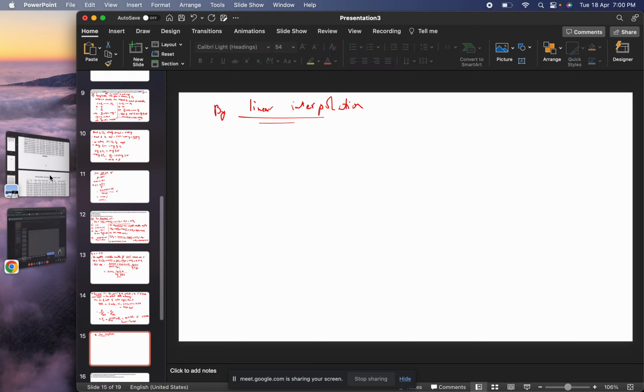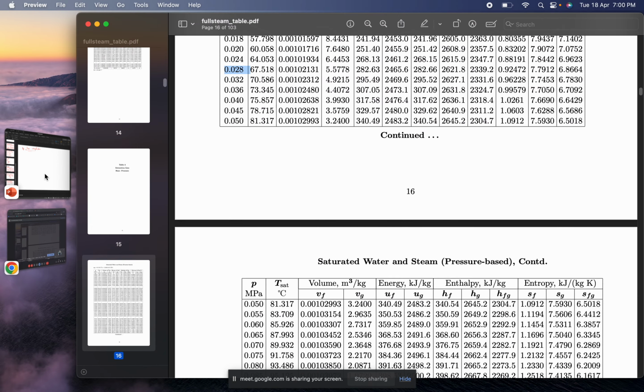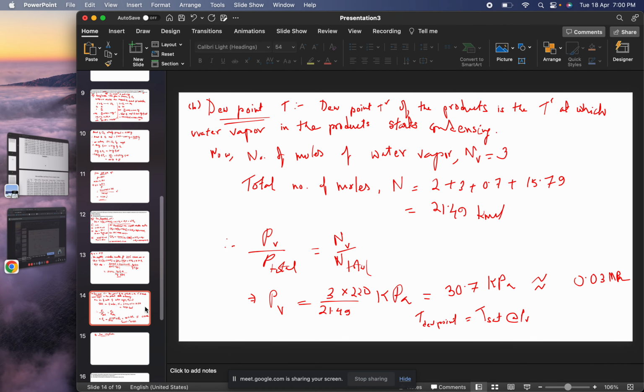Can I take this at a much finer value, 0.031 it will be basically.